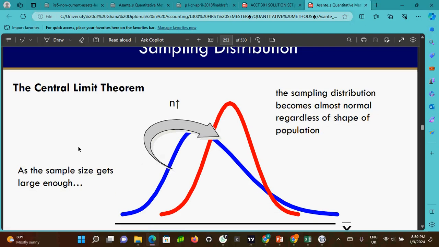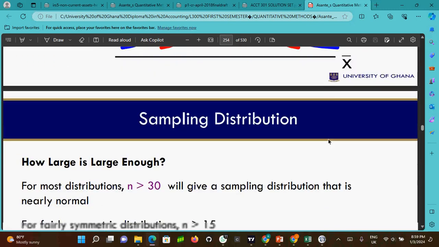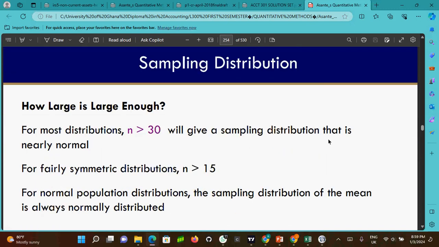So this is the central limit theorem: as the sample size gets large enough, the sampling distribution becomes almost normal. So how large is large enough?